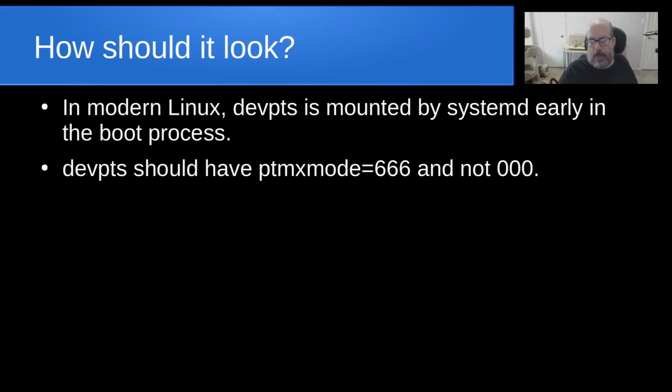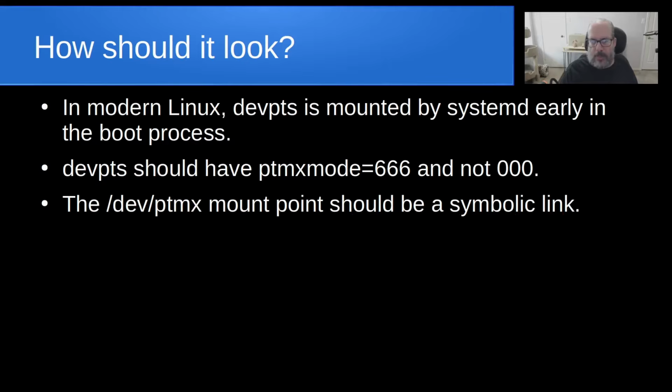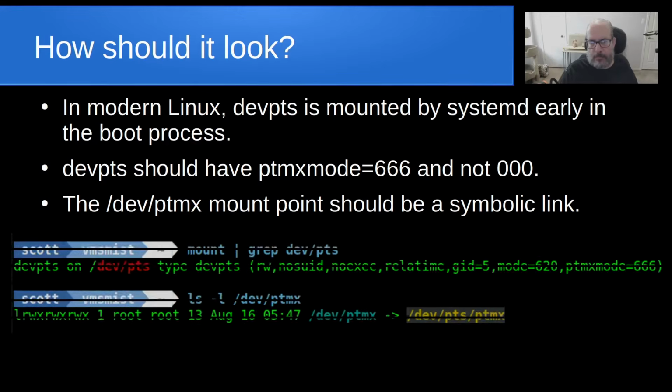And for those of you that understand Linux permissions of user, group, and other, you'll understand that 000 means that nobody has any access. So the /dev/ptmx mount point should be a symbolic link, and that was the second problem.